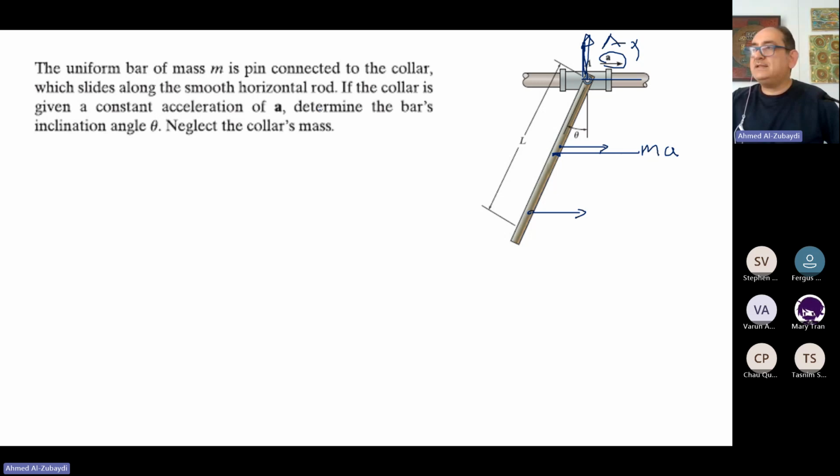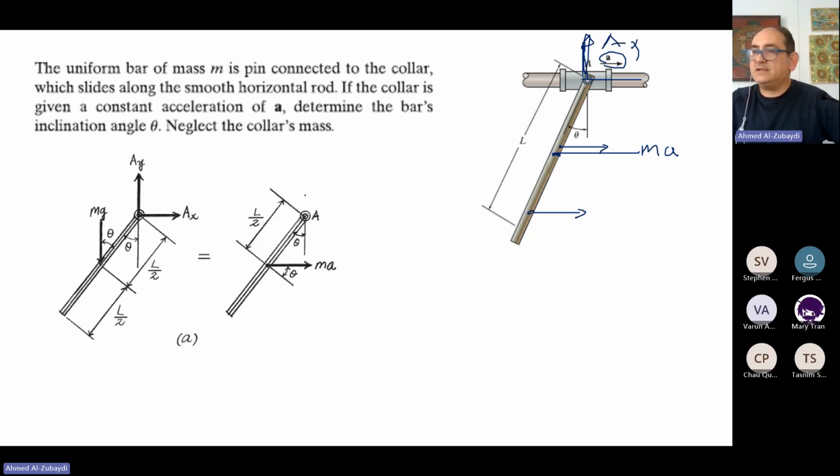So let's sketch the free body diagram first, and the kinetic diagram. In the free body diagram, we're going to have the two reactions at point A, AX and AY. The mg, which is the weight, is concentrated at the centroid.